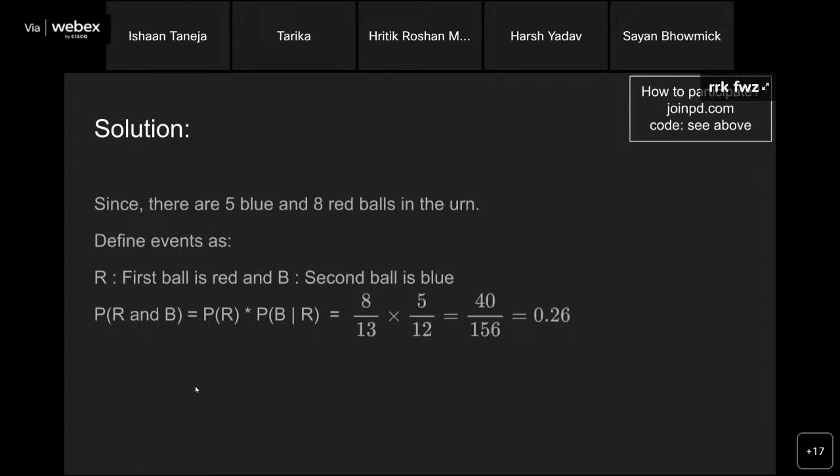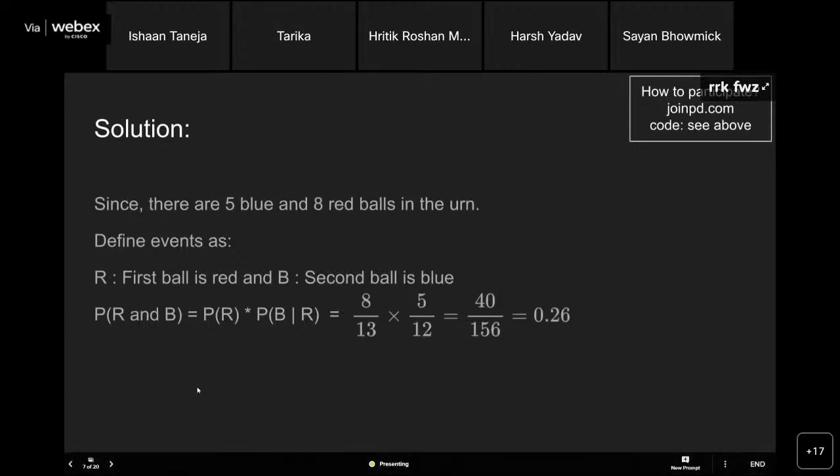The first ball being red is event R, and the second ball being blue, given that event R has occurred, is the second drawing. Any doubt in this, or is it clear till now?